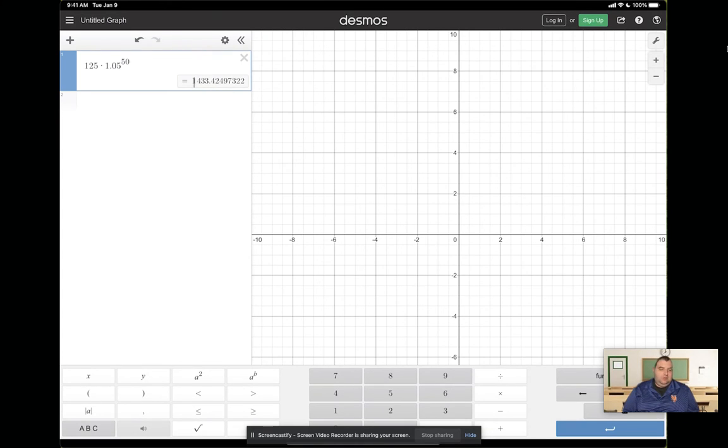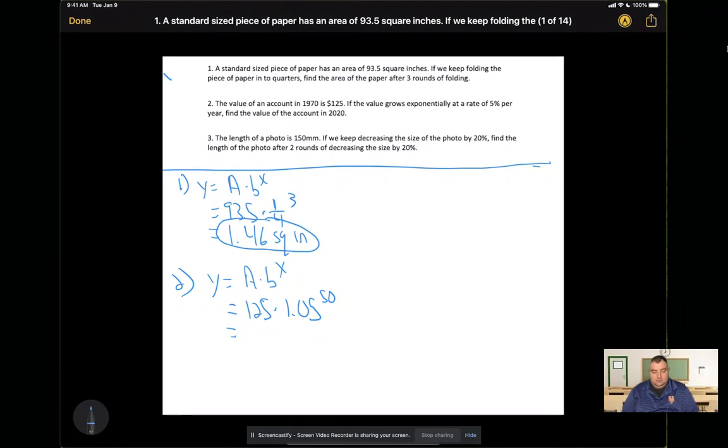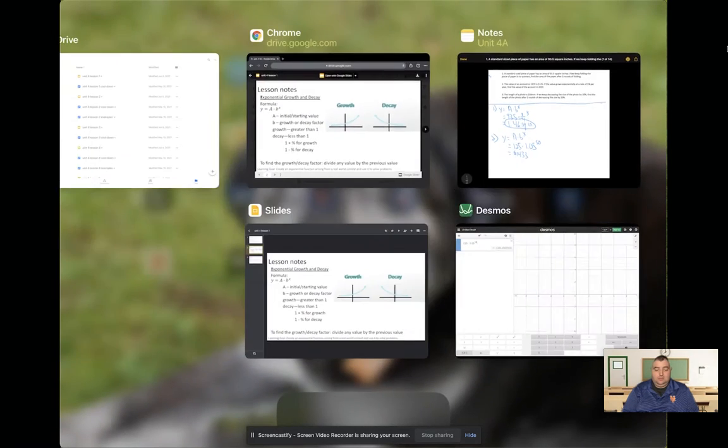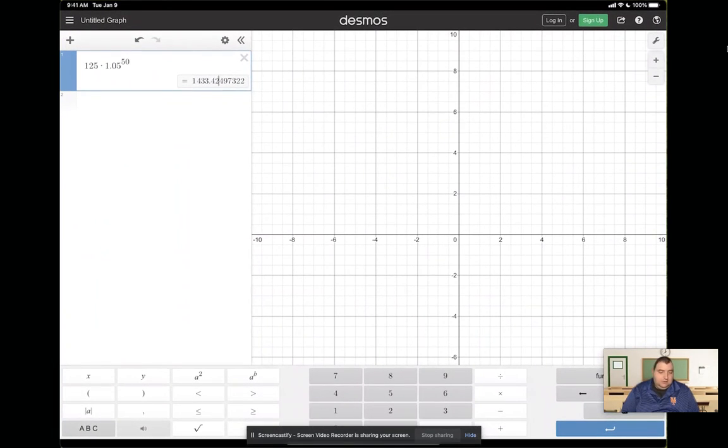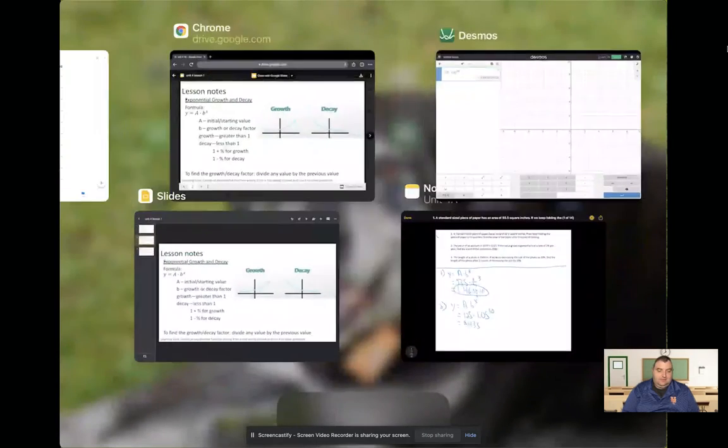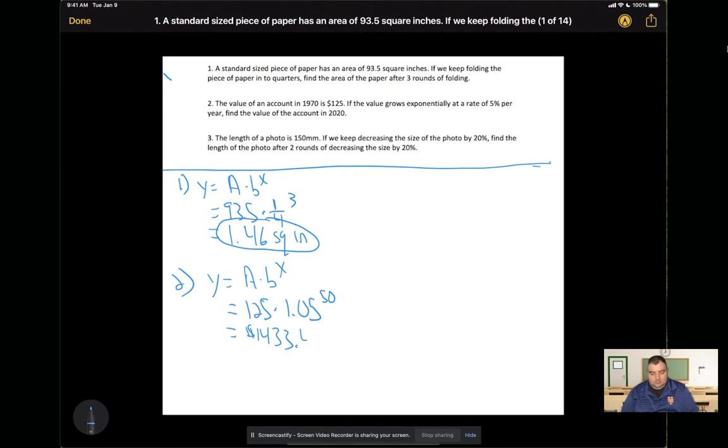So this would be $1,433.42. That is the value of the account 50 years later.